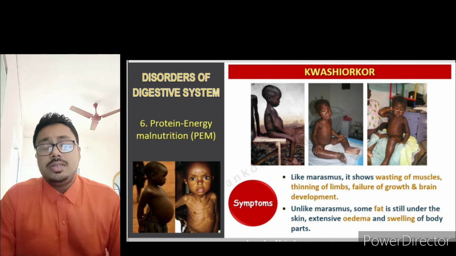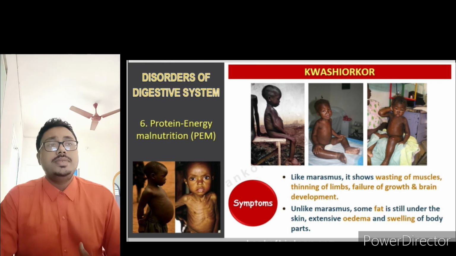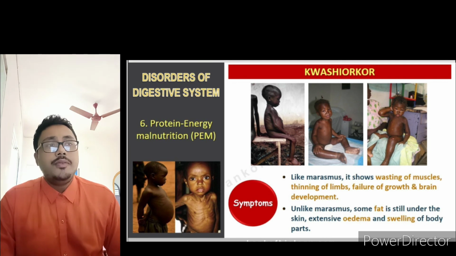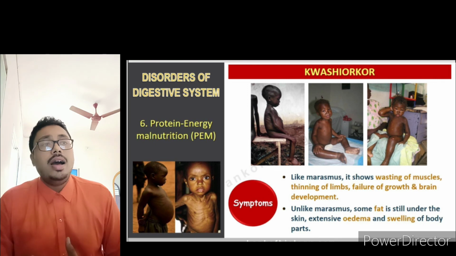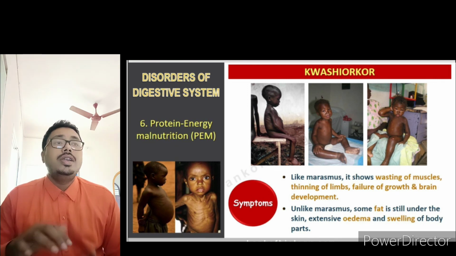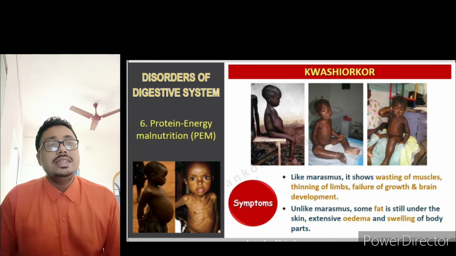Like marasmus, it shows wasting of muscles, thinning of limbs, failure of growth and brain development. Unlike marasmus, some fat is still under the skin, with extensive oedema and swelling of the body. See the picture, you can see the limbs have swelled. These are the symptoms of kwashiorkor.